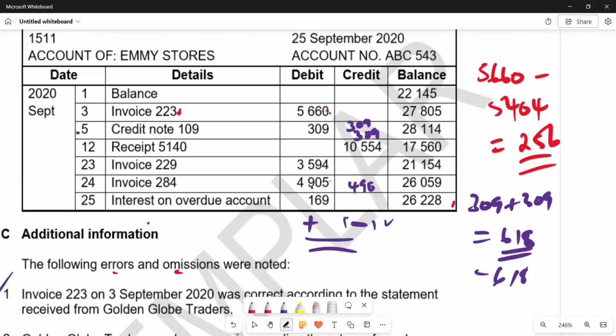Then we now make our calculations, saying 256 minus 3,464 plus 169. So it will start from our balance. Our balance is here. We are saying 28,656. We add 256.